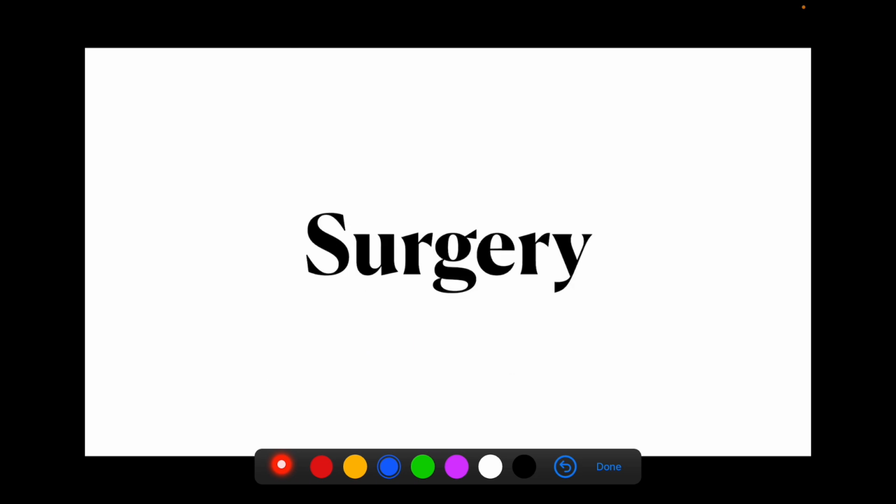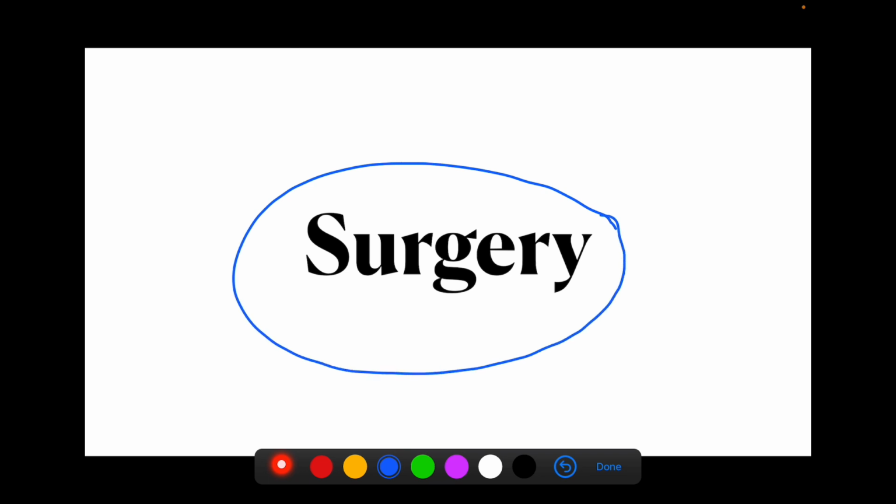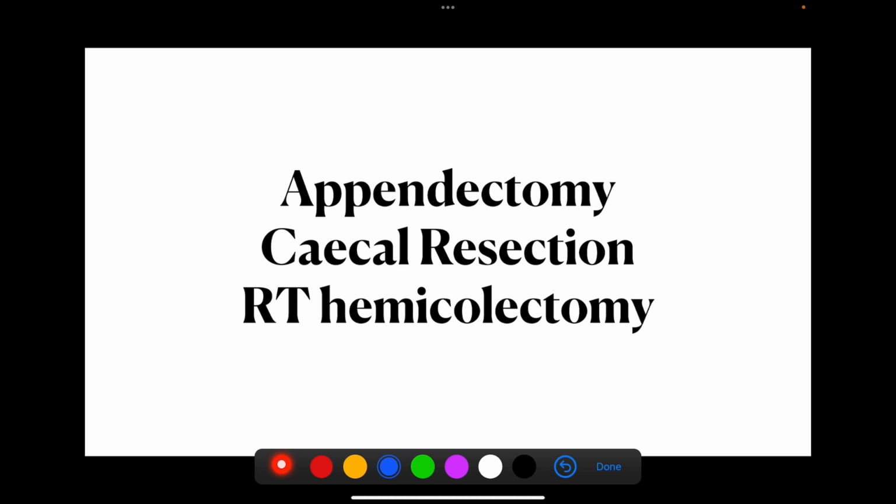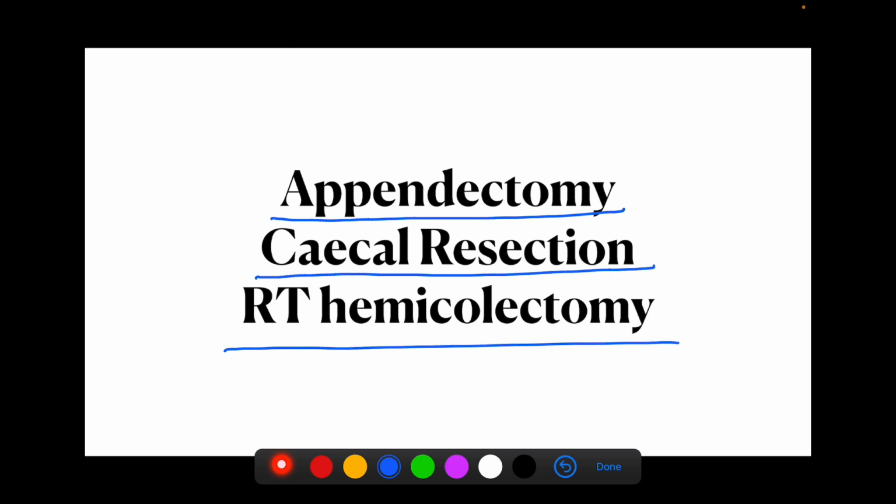Now, to decide whether to go for an appendicectomy or a right hemicolectomy, this surgical decision is often confusing, and which operation is to be done. Now, there are three possibilities: a simple appendectomy, cecal resection with appendix, and right hemicolectomy.